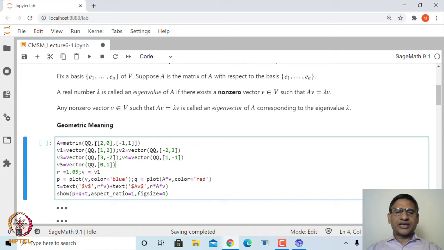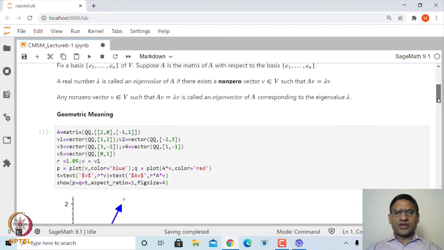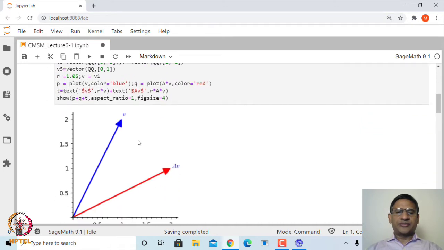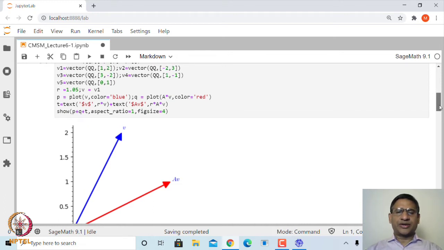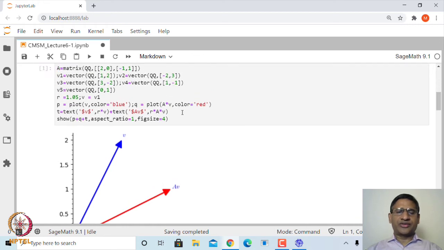We are taking the matrix 2 0 minus 1 1, and let us plot v and Av for some vectors. Here we have v and Av is here. They are not parallel, that means this v cannot be an eigenvector of A. In this case v was 1 comma 2.